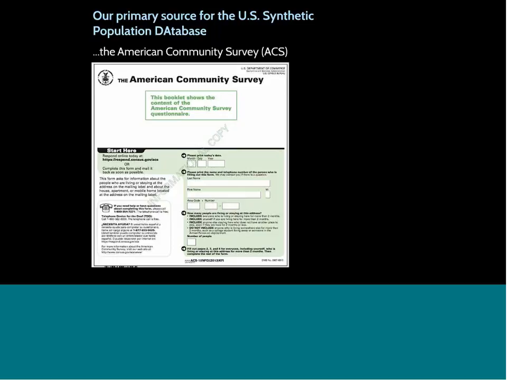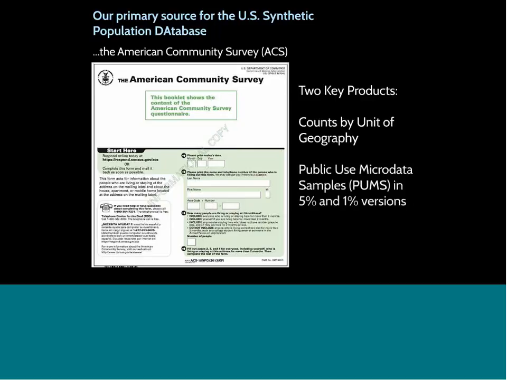And then the census uses this to create 2 products. One is counts by unit of geography, so standard census data that says how many people live in Raleigh, how many people live in Wake County, what's the proportion of people living in households and not households by tract or zip code or whatever.